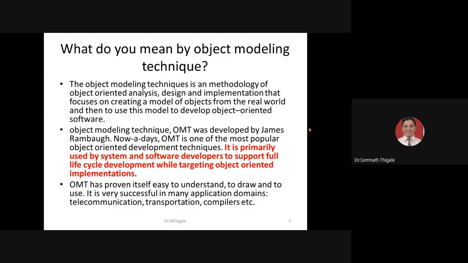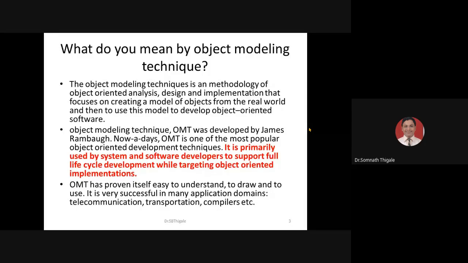Nowadays, OMT is one of the most popular object-oriented development techniques, primarily used by system and software developers to support full lifecycle development while targeting object-oriented implementation. So whatever we do, there is no need for a separate analysis part and separate designing part.